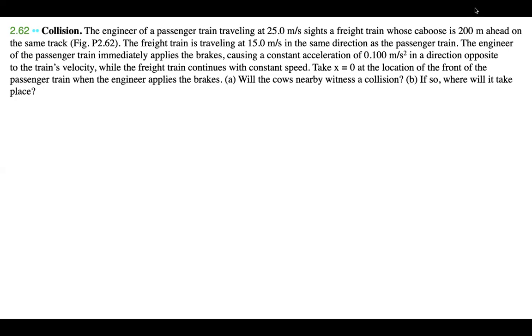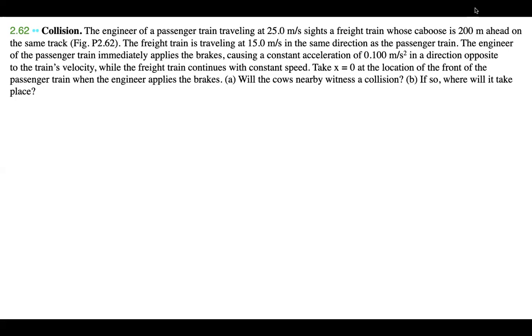The engineer of the passenger train immediately applies the brakes, causing a constant acceleration of 0.100 meters per second squared in a direction opposite to the train's velocity, while the freight train continues with a constant speed. Take x equals 0 at the location of the front of the passenger train when the engineer applies the brakes.